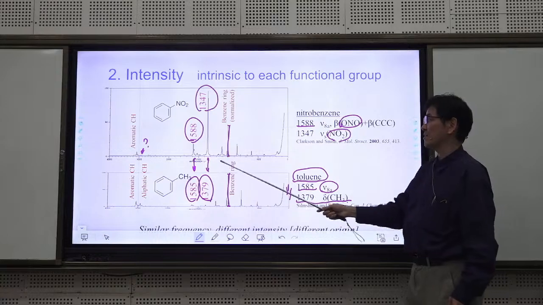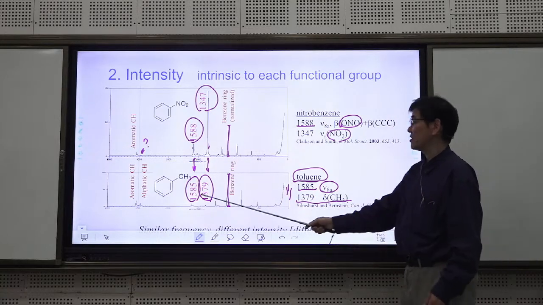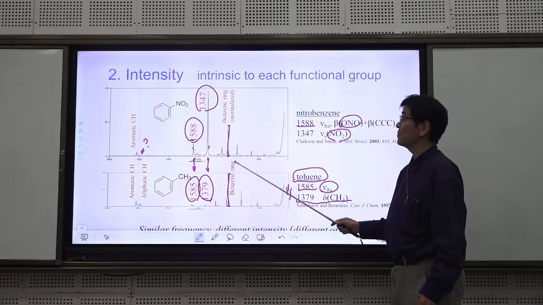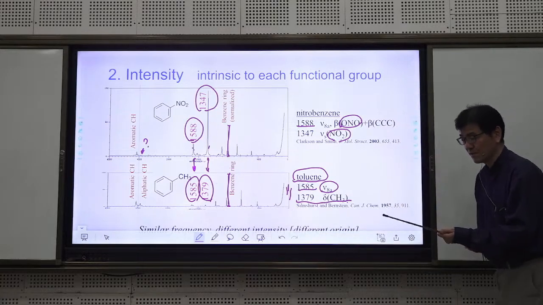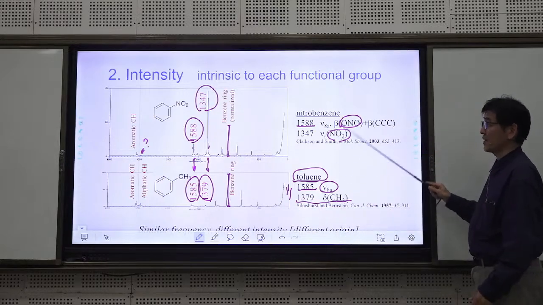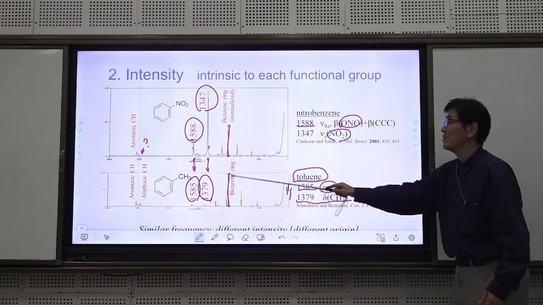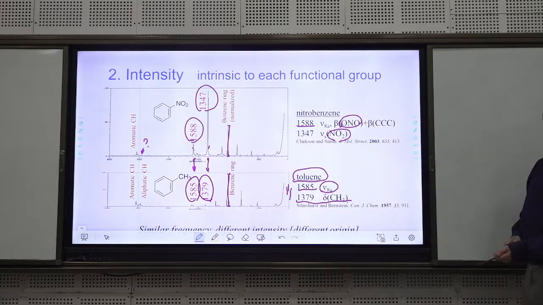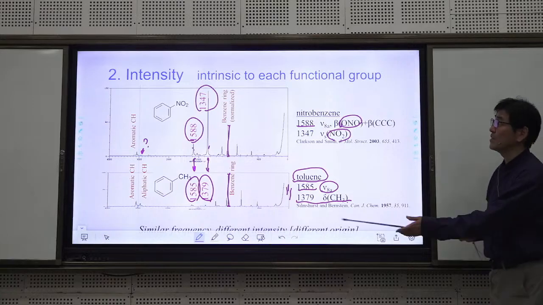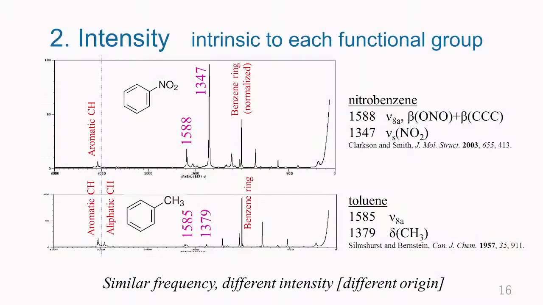Then at a glance, these two must be NO2. And intensity is different, so they must be different. But if we only focus on peak position, it's confusing because similar position, different groups give the bands. So please check peak intensity, band intensity to give the proper assignment.